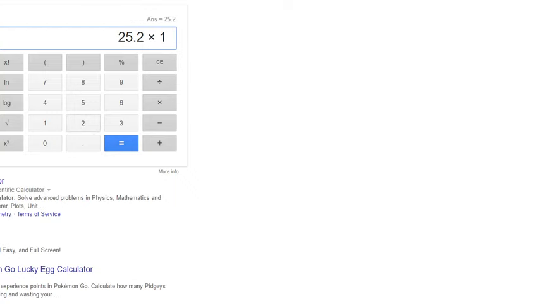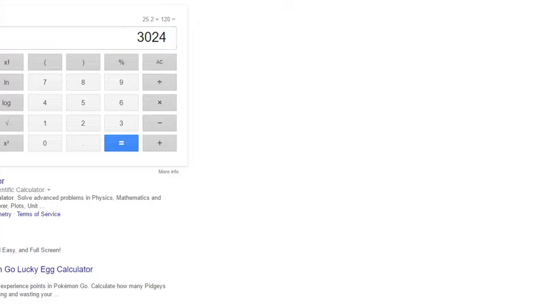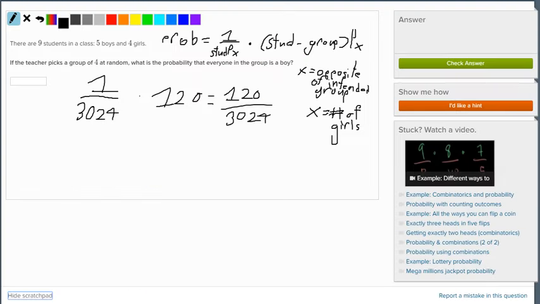However, that does not divide evenly. So start by dividing it by 2. So we'll have 60 over 1,512. Some of you have probably already figured it out. I apologize, simplification is not my strong suit.